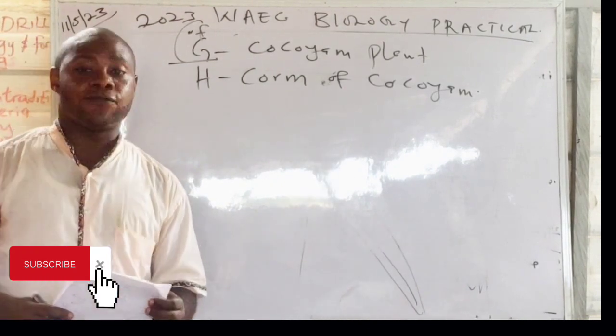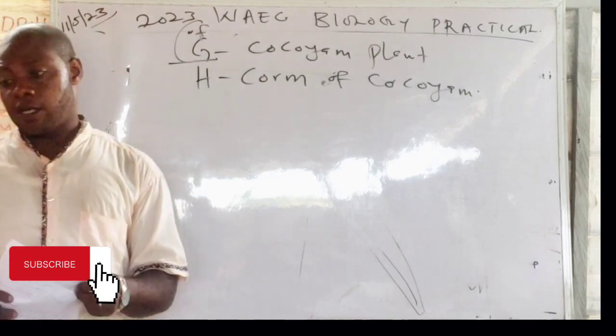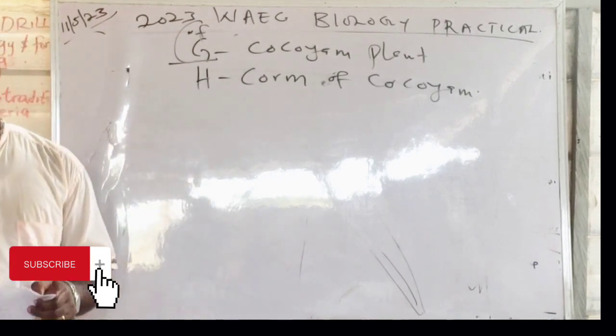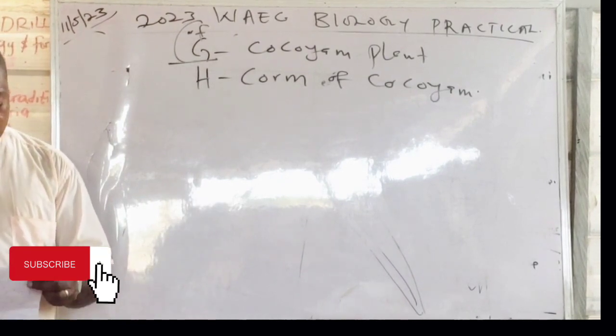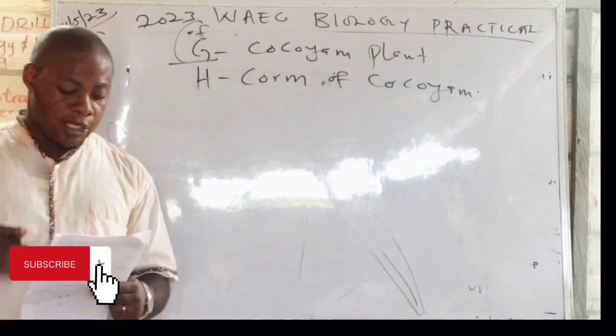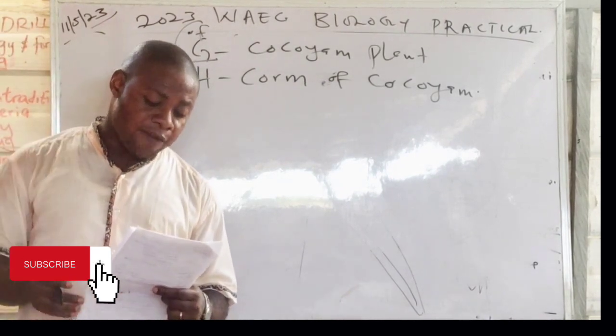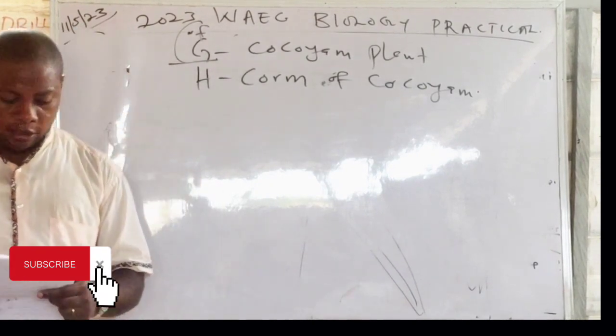Then what about F? F is guinea grass. What about G? Cocoyam plant. Cocoyam can be found in tropical rainforest, while F can be found in savannah grassland. Take note of that: G at the tropical rainforest, F at the savannah grassland.